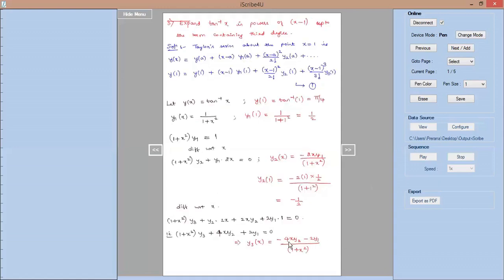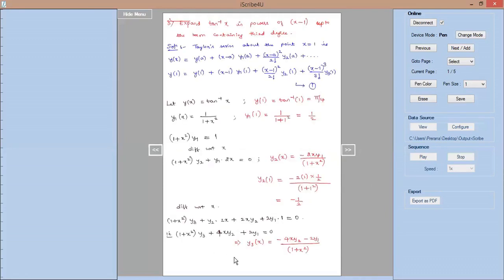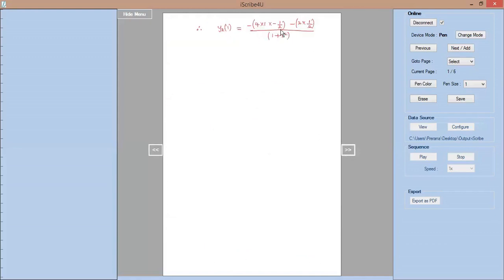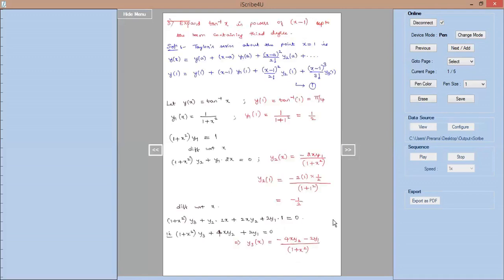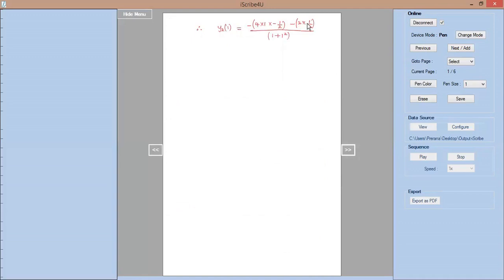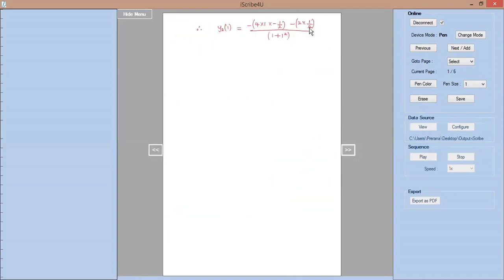So we have minus 4xy2, so minus 4 into x value is 1 into y2. y2 at the given point is minus 1 by 2, which we already obtained. So minus 1 by 2. And there is minus 2y1. So minus 2 into y1 at the given point is 1 by 2. The whole divided by 1 plus x square. X is 1, so that is 1 plus 1 square.